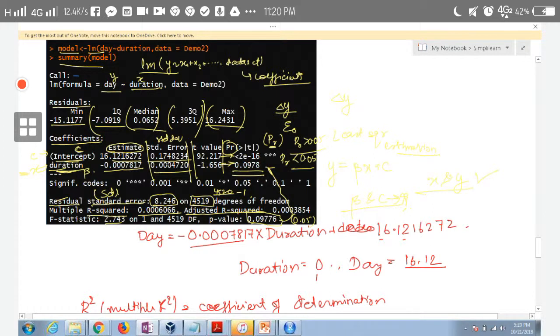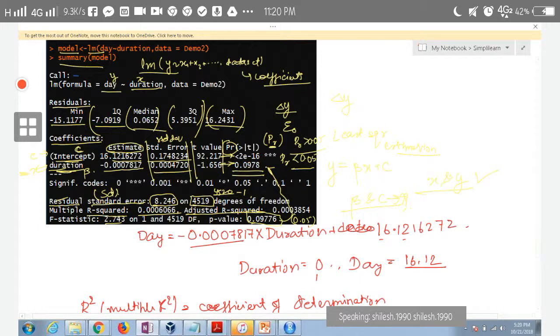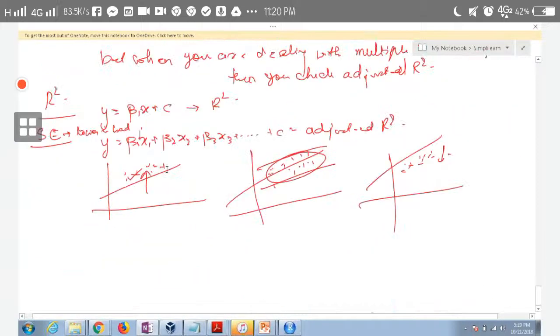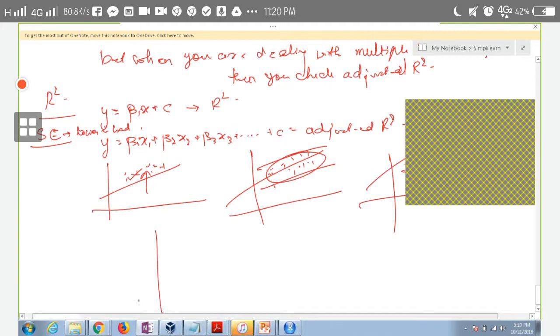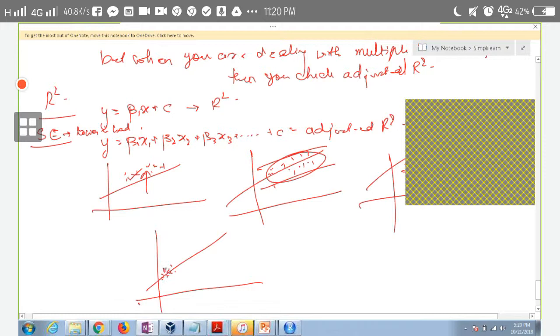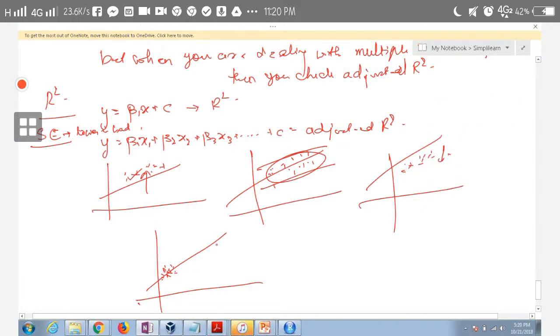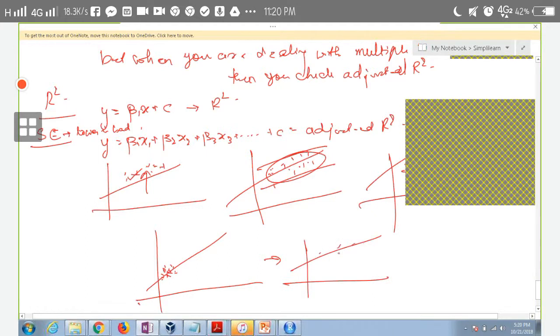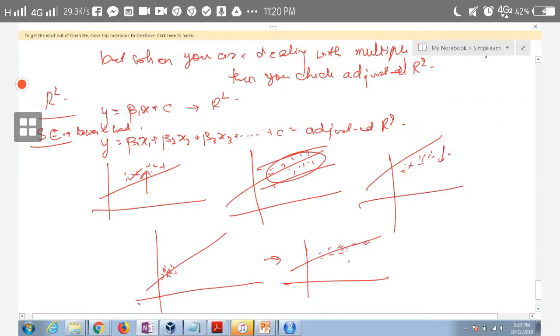So you can say that duration is not nicely variable around the data. So the situation should be something like this rather than this. This is better, this is not better.